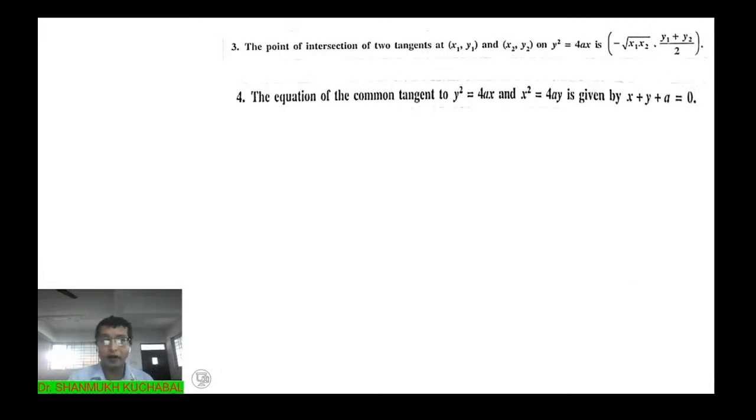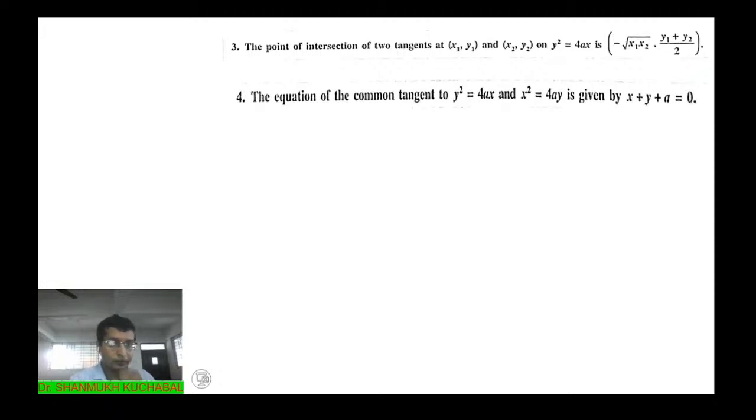Next, third point: the point of intersection of two tangents at x1 y1 and x2 y2 on y square equal to 4ax is given by the x coordinate as minus the square root of x1 x2, and the y coordinate as y1 plus y2 divided by 2.